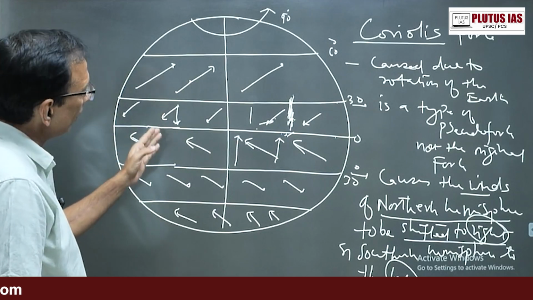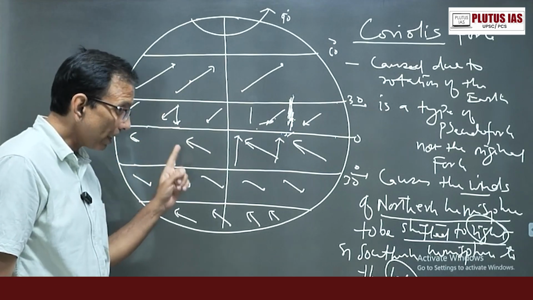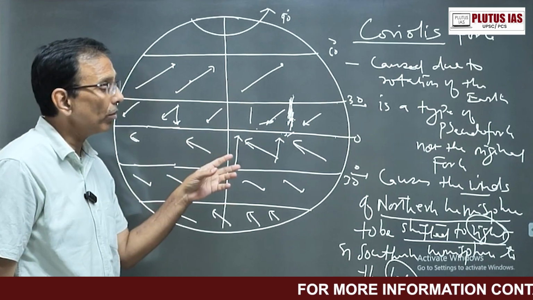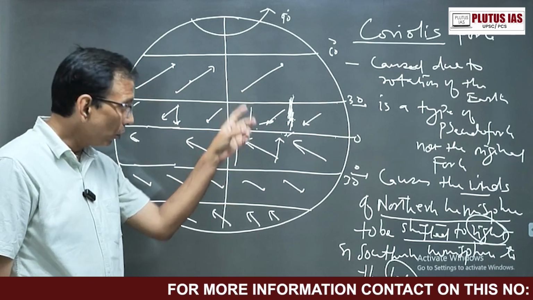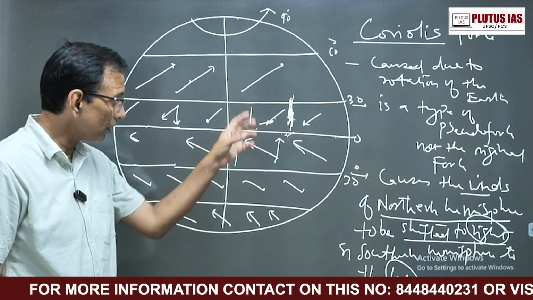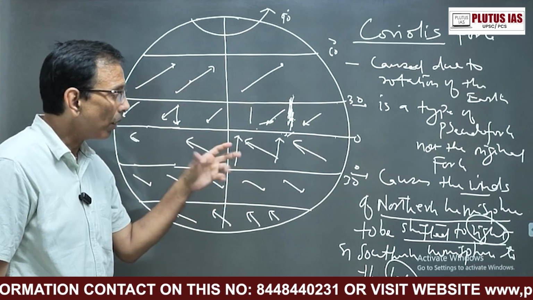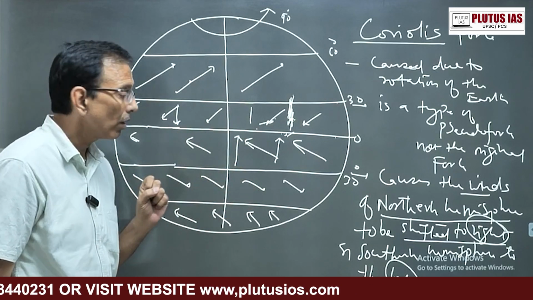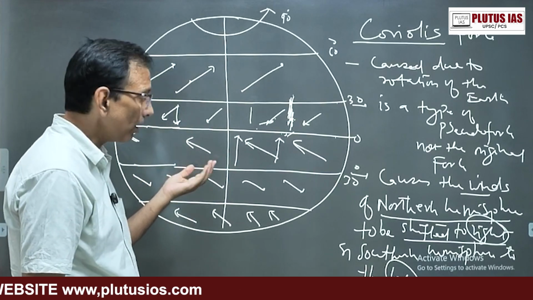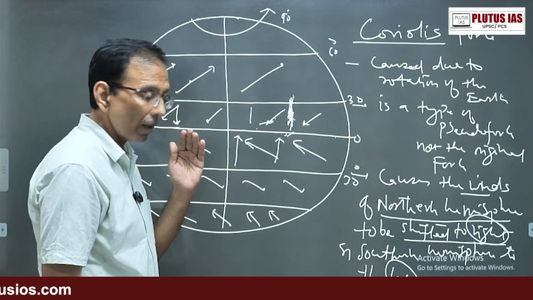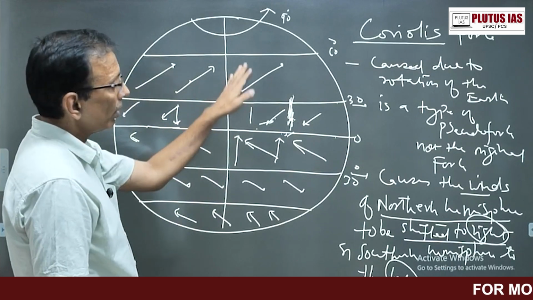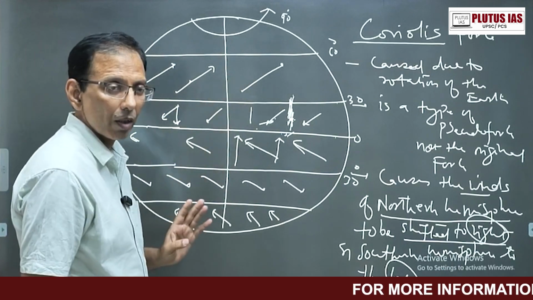So we'll see here that right and left is a relative term, which would be seen in terms of the direction of the movement of the wind. You have to first of all find out the actual direction of movement of the wind. If it is in the southern hemisphere, find the original direction and then go to the left, and in the northern hemisphere, the original direction and then to the right.